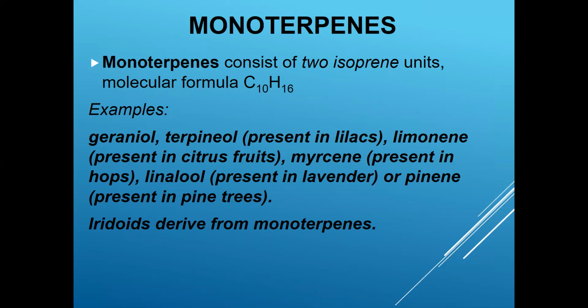Monoterpenes consist of 2 isoprene units, molecular formula C10H16. Examples: geraniol, terpineol, limonene, and others.